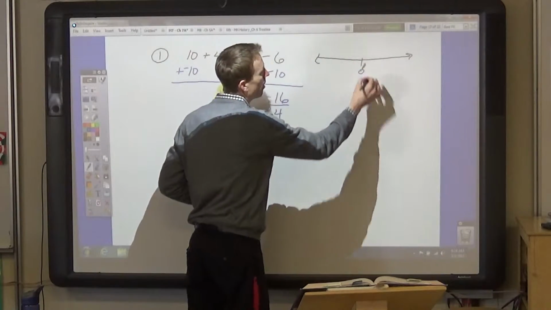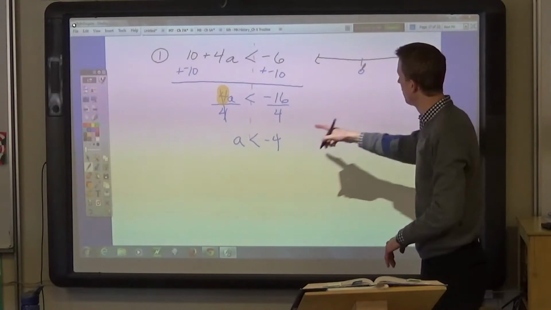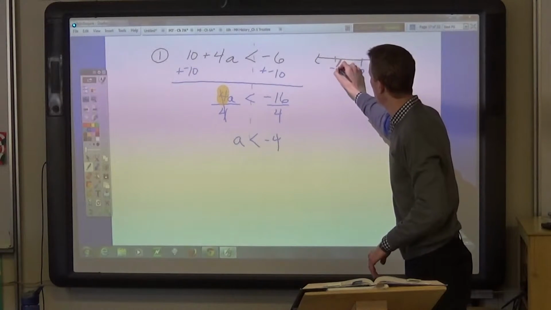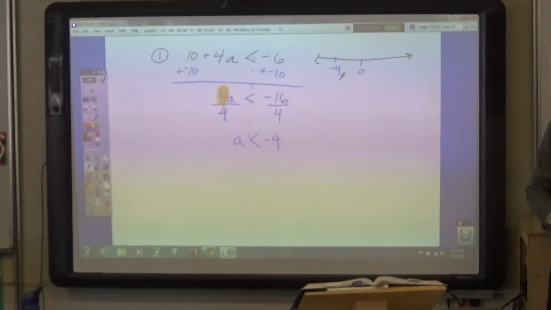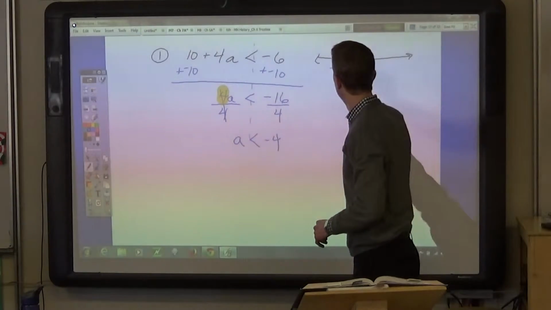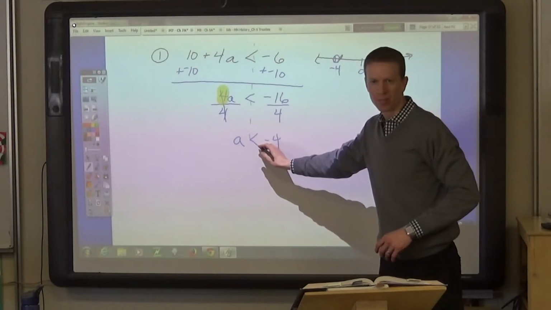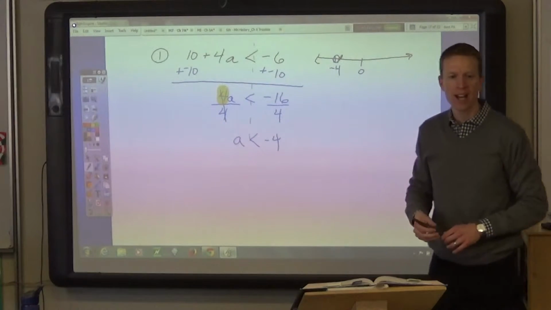You graph it by marking 0, and then marking negative 4, that would be to the left of 0. What kind of dot should we use? An open dot. An open dot goes with a less than sign or greater than sign. And which way should we point the arrow?